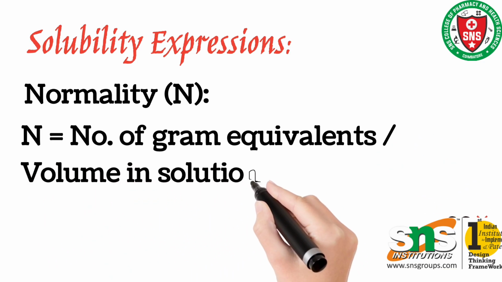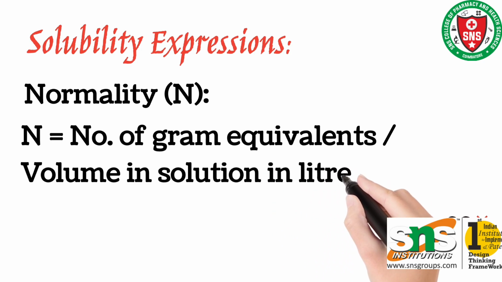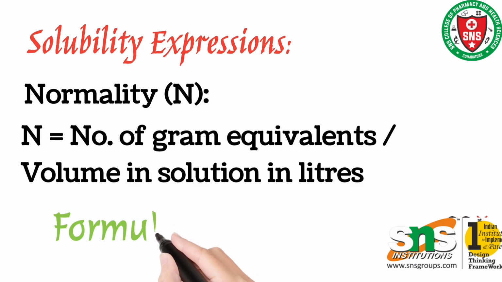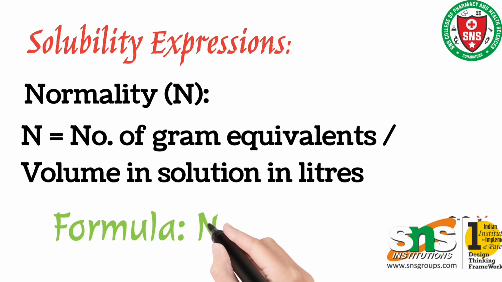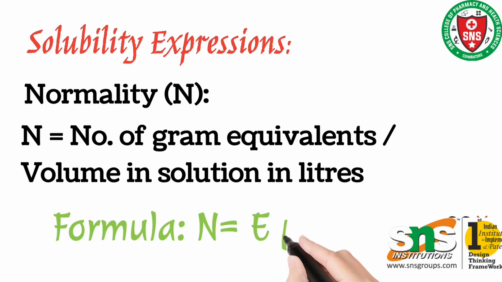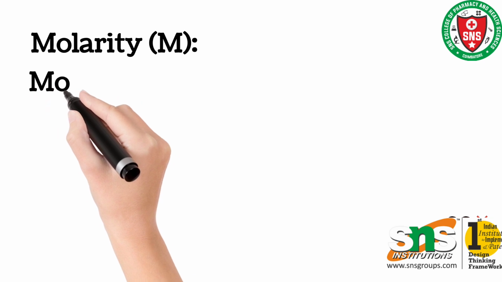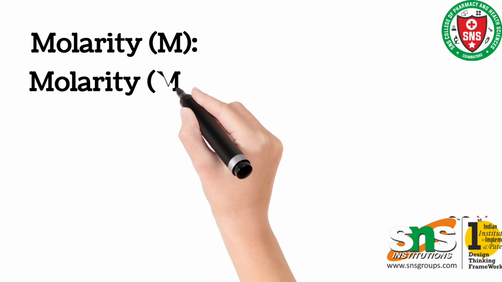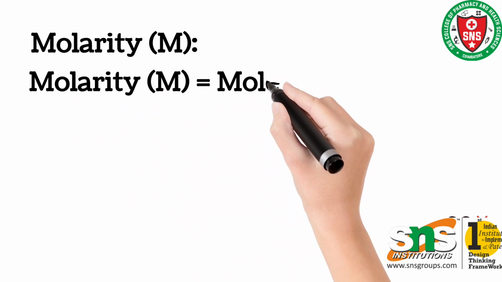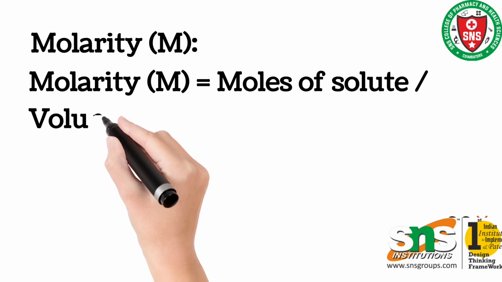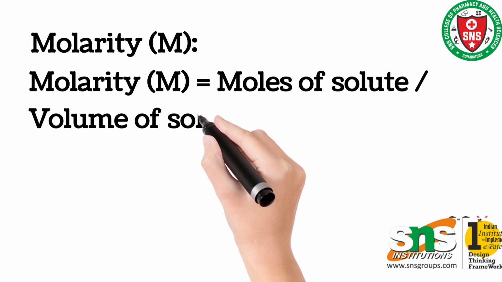And in formula, it is expressed as N is equal to M into n, number of gram equivalents divided by volume of solution in liters. Now molarity, represented as capital M. Molarity is defined as the amount of moles of a compound dissolved in an amount of solvent, usually water.